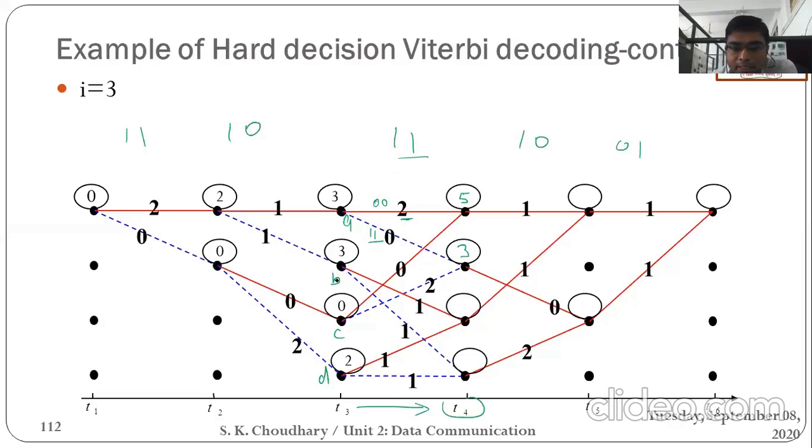Now when you are at the state B and you get an input as a 0, your output is 1, 0 actually. So at that time, what is your Hamming distance? 1, 0 compared with this 0, 1, 1. So your Hamming distance is 1. That's why it is mentioned here the 1 here. So 3 plus 1, 4.